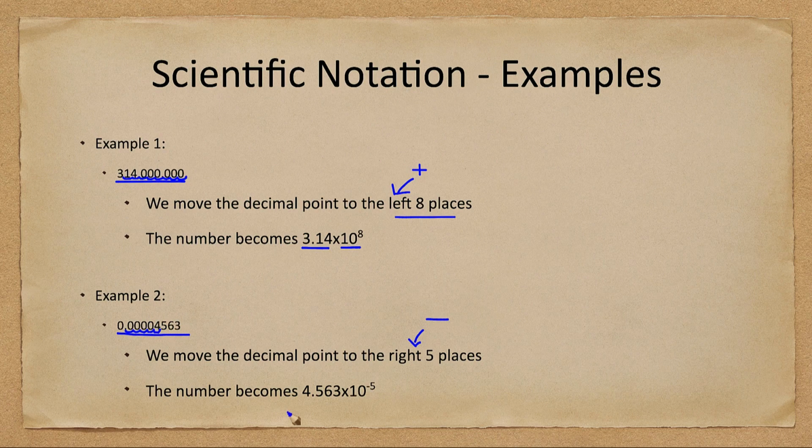And we write the remaining number 4.563 times 10 to the negative 5th power. So that's how we can convert numbers. And often our first lab will let us look at a few examples of using some numbers in scientific notation.